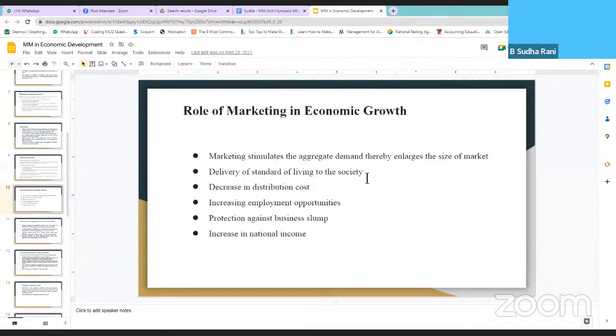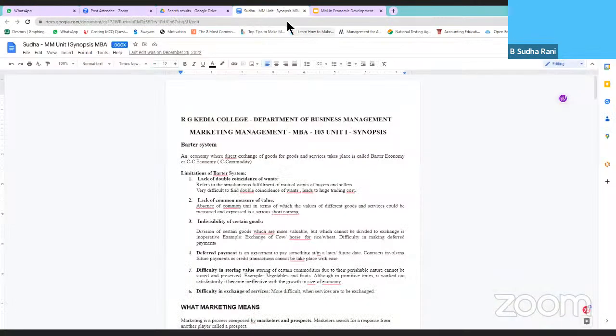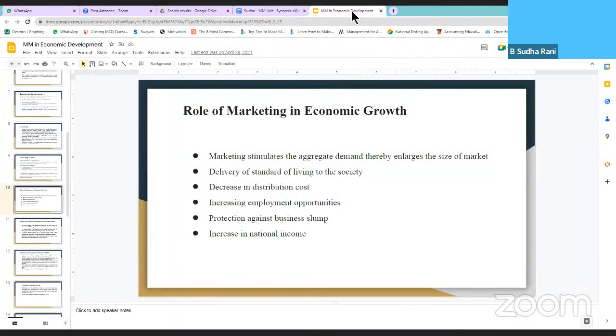This is the second topic I'm covering. Marketing stimulates aggregate demand, thereby enlarging the size of the market. That is aggregate demand. This is because through marketing you are communicating and coming into contact with customers, creating demand for the product.